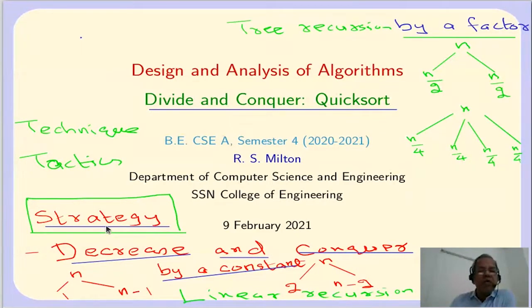You may immediately ask a question. Okay, in decrease and conquer, we deconstruct an instance into one subinstance. In divide and conquer, we deconstruct the instance into 2 or more subinstances. In the extreme, we may deconstruct the instance into every possible subinstance of a problem.